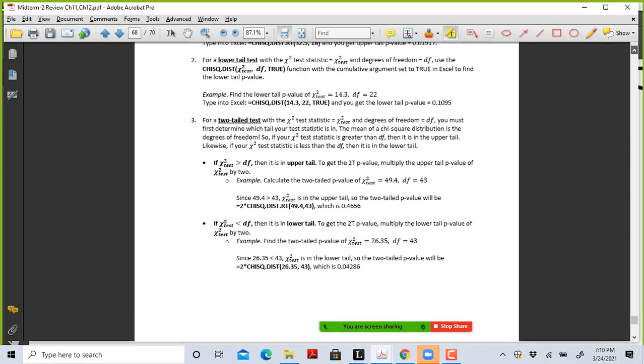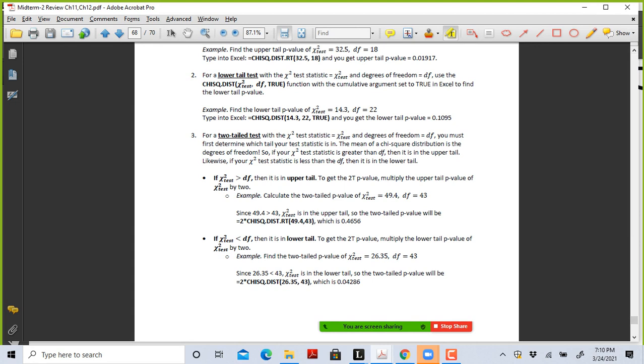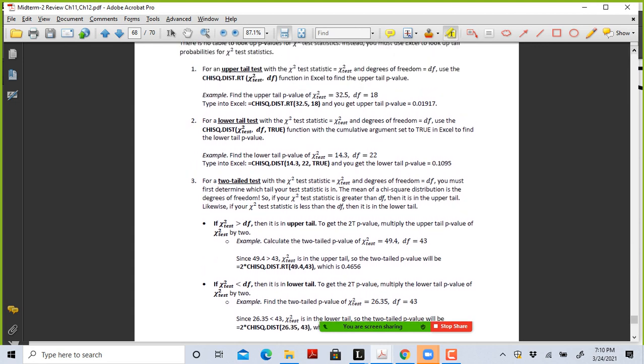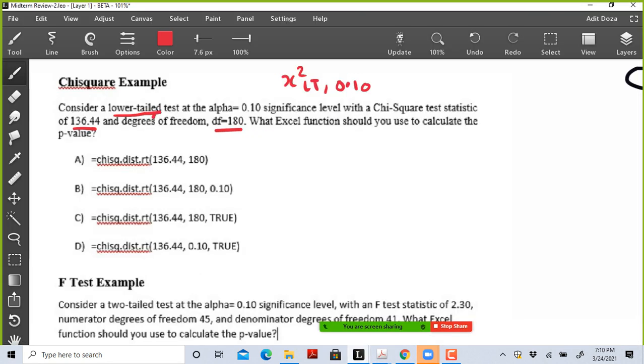If chi-square is a lower tail test, we use CHISQ.DIST. First we put the test statistic, then we put the degrees of freedom, then we put the TRUE. So test statistic, degrees of freedom, and TRUE. So it should be C.